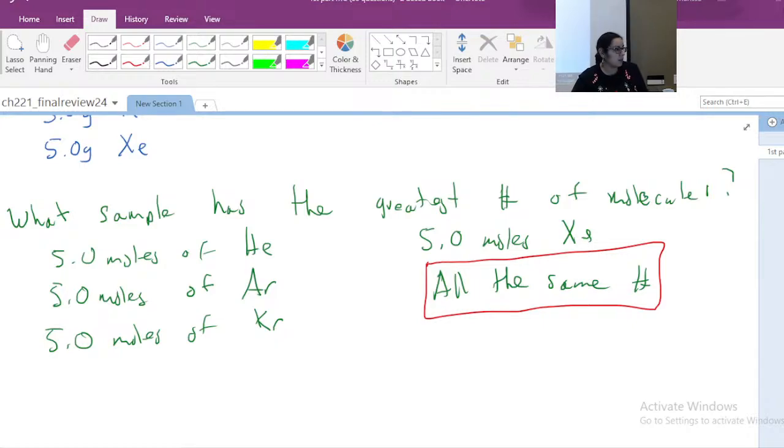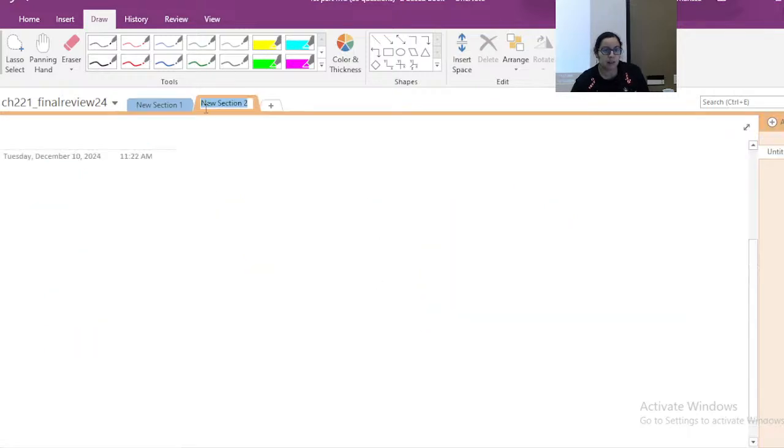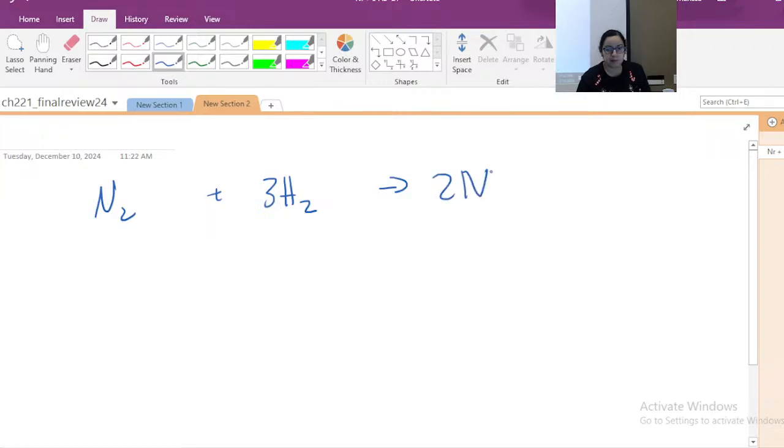All right, let's do a limiting reagent practice. And if you have other questions or topics, you can again post them in the chat or ask. And so we'll practice with our good old Haber-Bosch reaction. And so it's balanced.